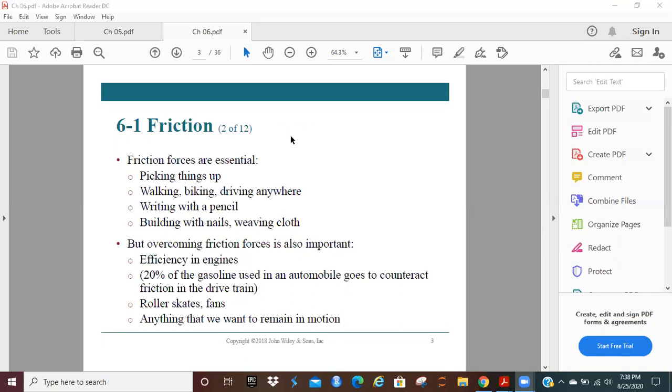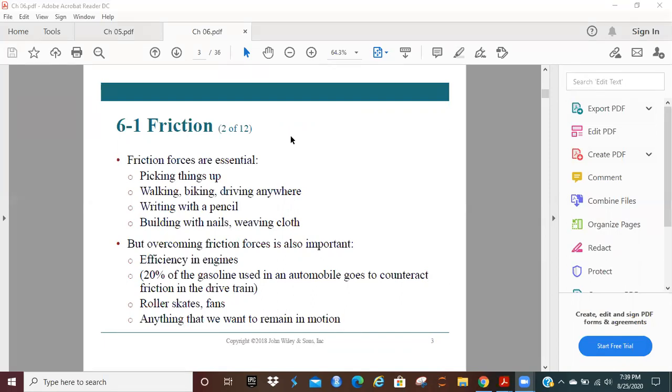You might even see that writing with a pencil, some of the graphite from the pencil is left behind, and that way you can make the mark and we can all read what you're writing. So it's necessary. It's something that we need in order to do some things that we need to do.